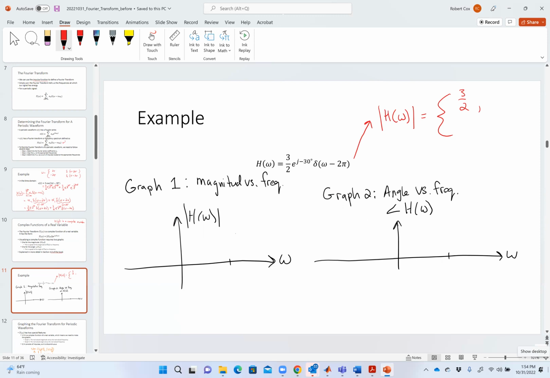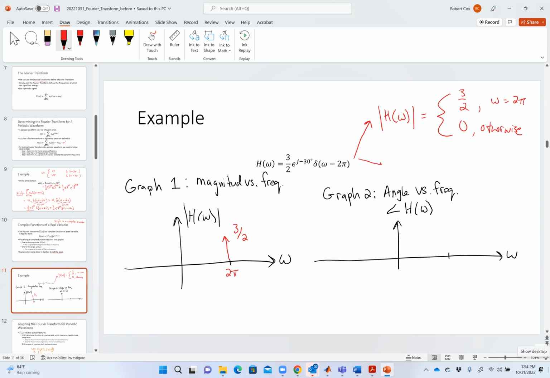If I have delta of omega minus 2 pi, at what value of omega is that equal to 3/2? Yeah, at omega equal to 2 pi, and 0 otherwise. How would I express that if I tried to show magnitude versus frequency? I'd have this delta function, which I would scale by 3/2, located at 2 pi.